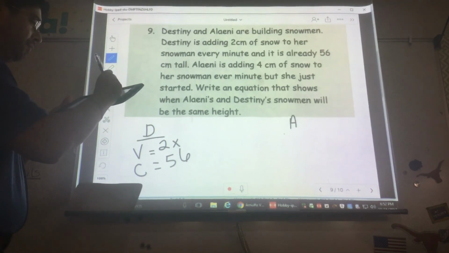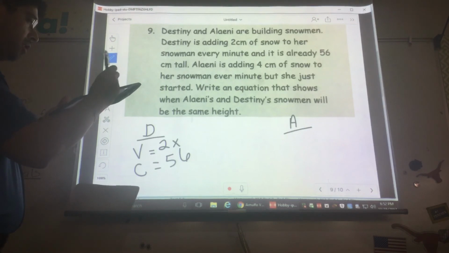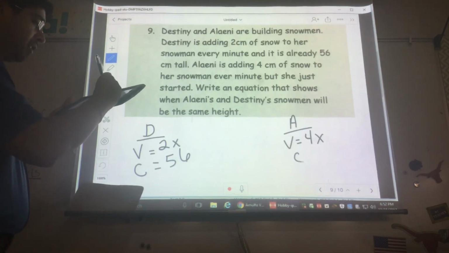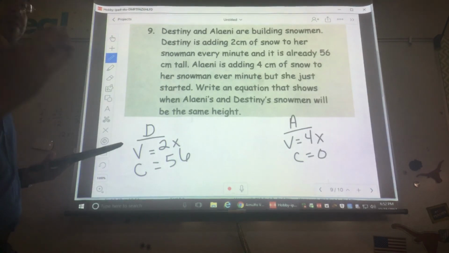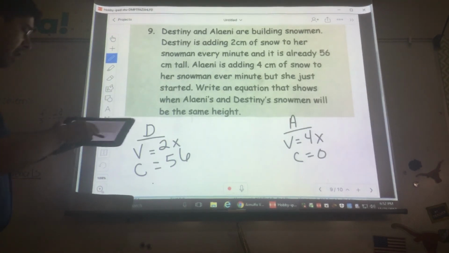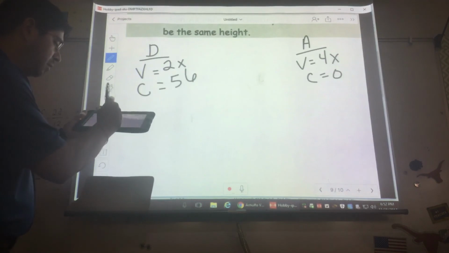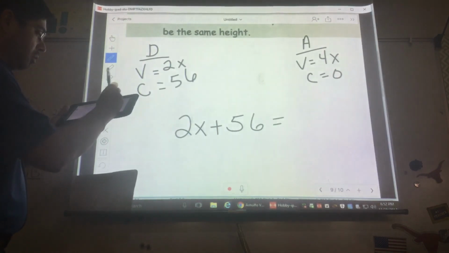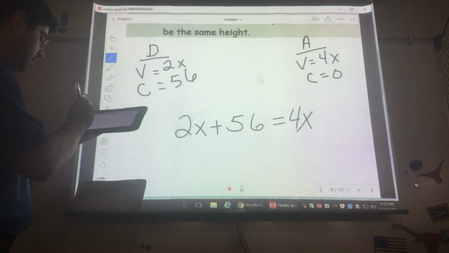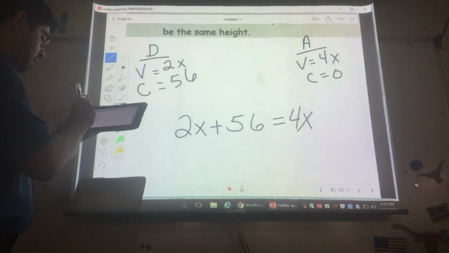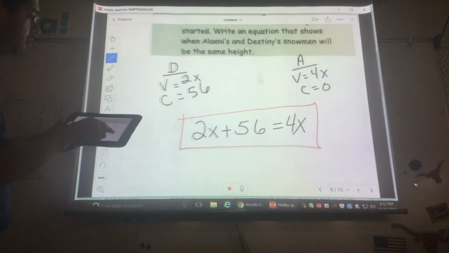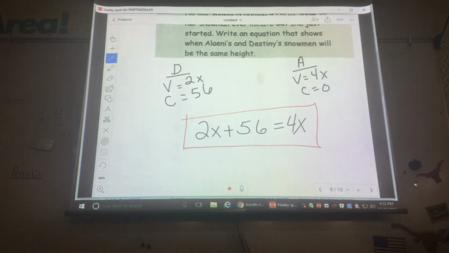Now Eleni, she's adding 4 to her snowman every minute, so that's 4x. She doesn't have a constant because she hasn't started building it yet, so she's at 0. So if we write an equation here, it's just going to be 2x plus 56 equals 4x. If you put plus 0, that's fine. You can do that too, but you don't have to.